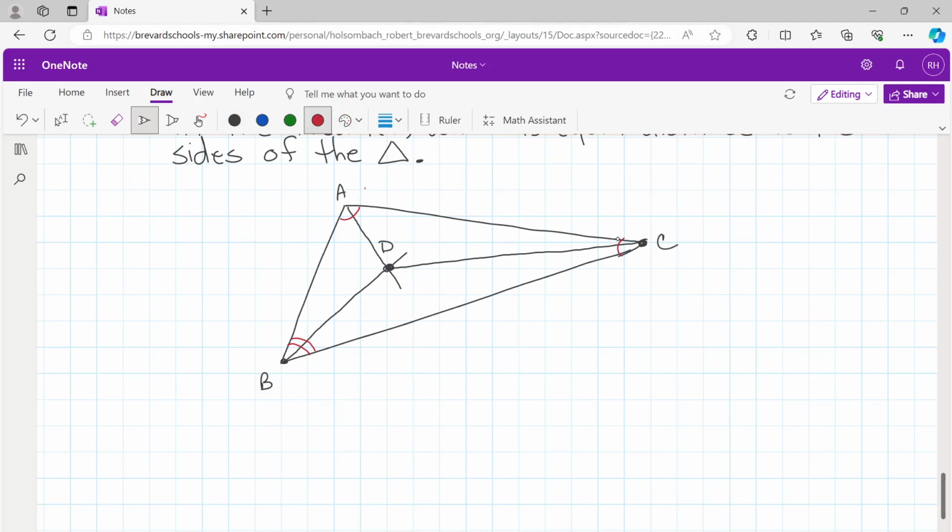So these two angles are congruent to each other. D is the incenter, and equal distance from the sides of the triangle.